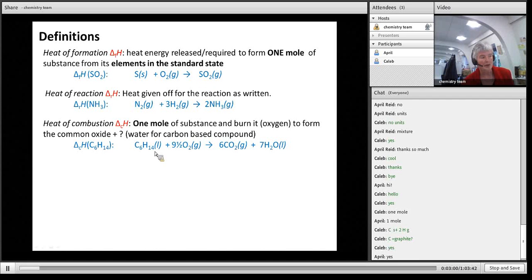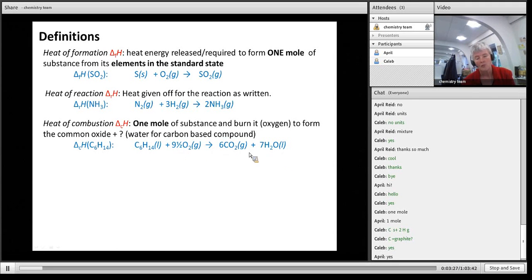Here for combustion, the substance we're dealing with has to be on the left-hand side together with oxygen. And there has to always be 1 in front of that substance. So if I was burning methane, it would be 1 CH4 on the left-hand side. I mean, obviously in chemistry we don't write 1s, but okay. And because we have to have a 1 there, we can get fractions.